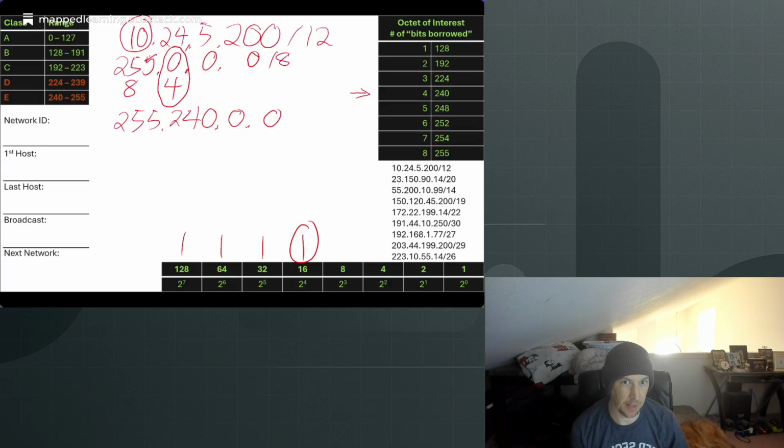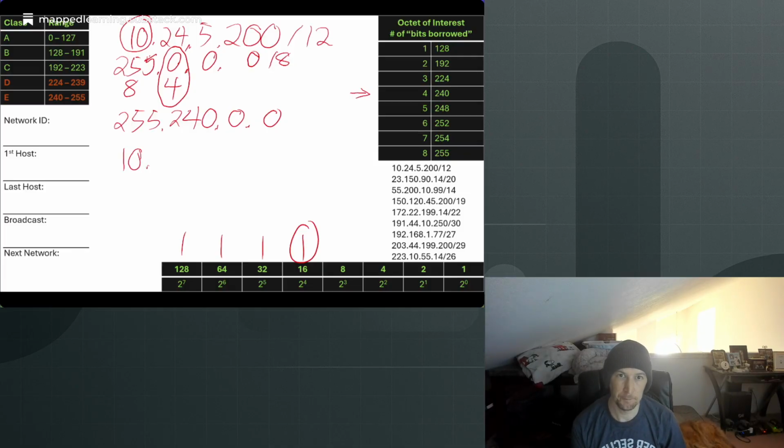So what's the next step after this? Well, we know what the octet of interest is now. And remember the rule. The first one is everything to the left of the octet of interest stays the same when we're talking about the IP address. Here, the octet of interest is the second octet. So the only one to the left of it is 10.